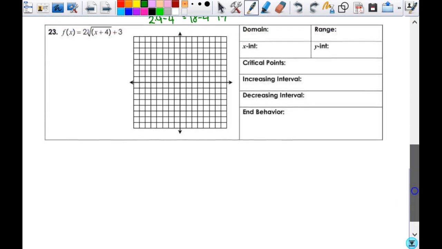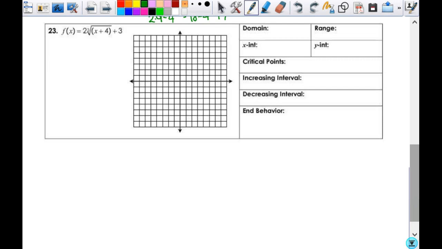We're graphing this one. This is a cube root. That means g of x is equal to the cube root of x, and it looks like that.